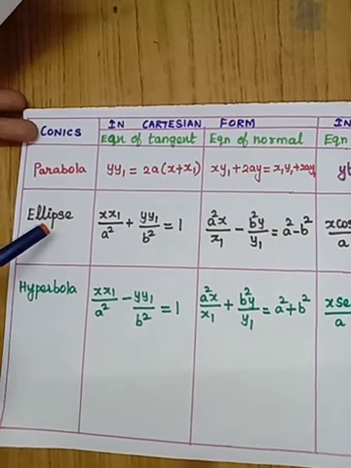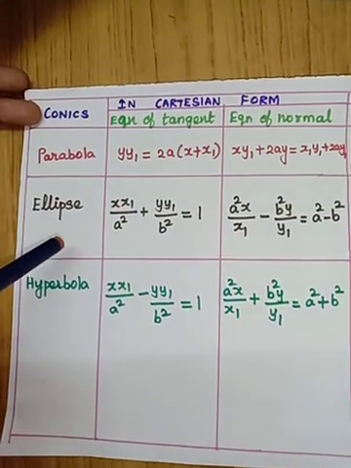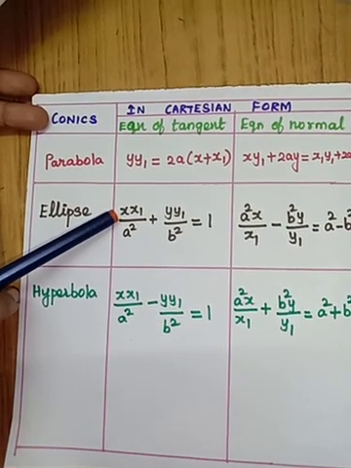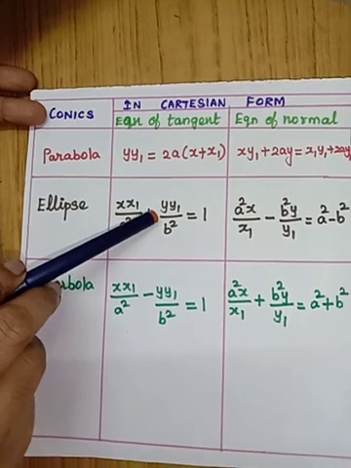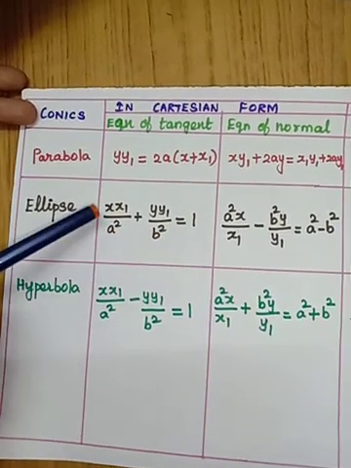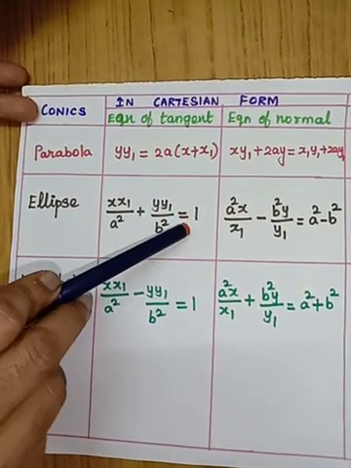So the equation of the ellipse is what? x squared by a squared plus y squared by b squared is equal to 1. So x squared has to be replaced as xx1 and y squared has to be replaced as yy1. So you can easily write the equation of the tangent. So xx1 by a squared plus yy1 by b squared is equal to 1.